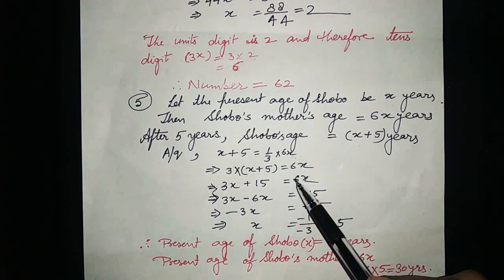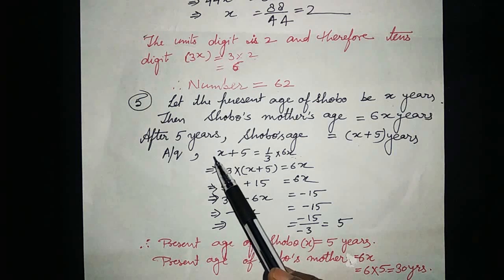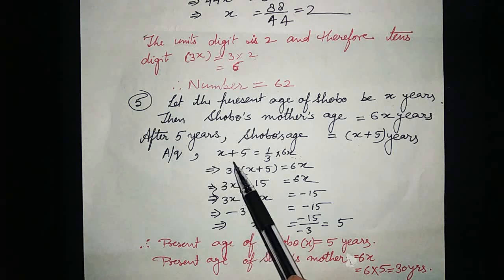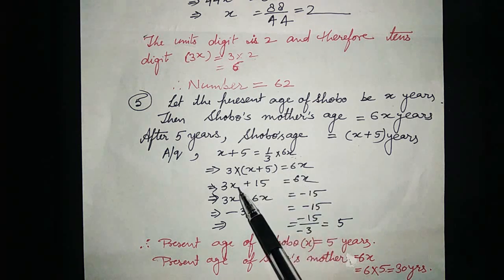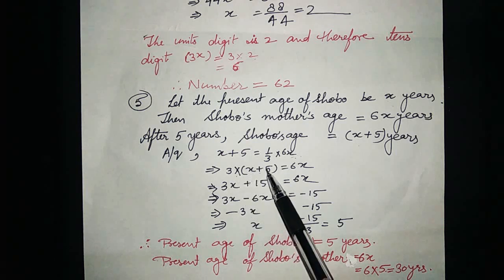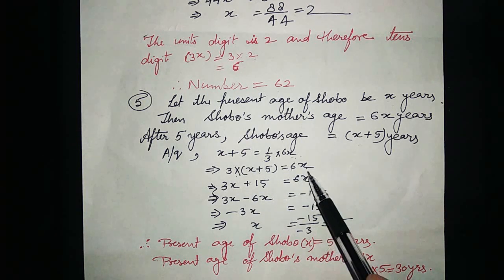Now you will solve the equation. This 3 is in division. We will transpose it to the left hand side. Then it will be 3 into x plus 5 is equal to 6x. Now 3 into x, 3x, plus 3 into 5, 3 fives are 15, is equal to 6x.